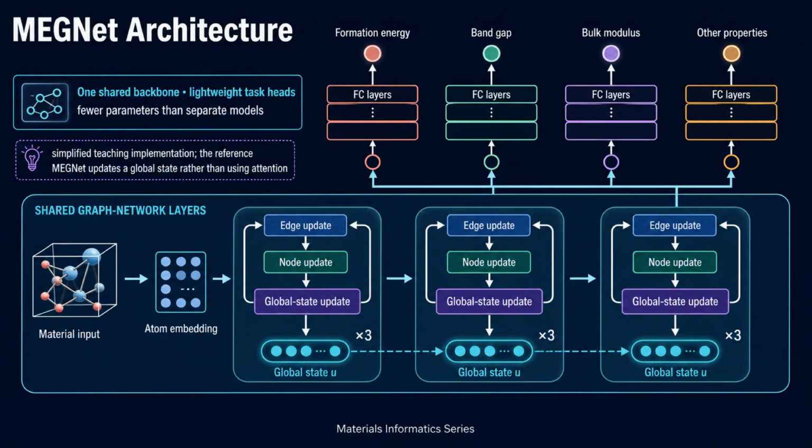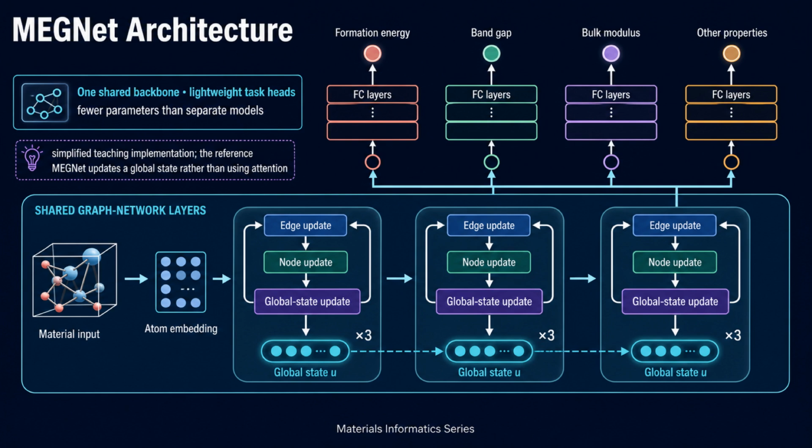MagNet's architecture consists of shared GNN layers that compute common graph embeddings, followed by task-specific prediction heads. The atom embedding and the shared graph network convolutions are common to all tasks, learning general material representations.